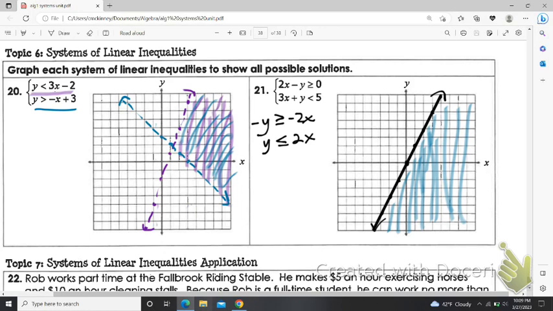And then for the other one, we are going to move that x over. So I have y is less than -3x plus 5. No need to do any division, no need to switch any signs. Start at +5, down 3 and over 1, down 3 and over 1, so on and so on. And this one is a dotted line.